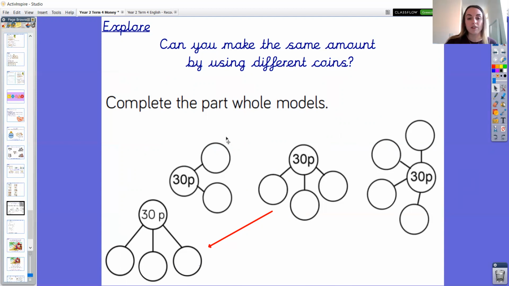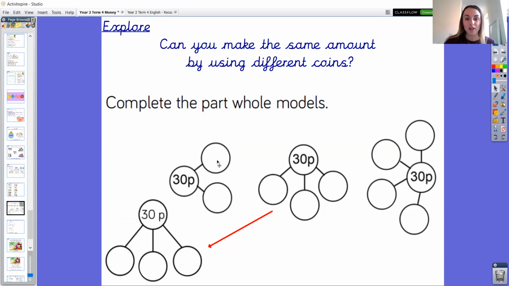So let's have a look at this part-whole model here that I'm hovering the mouse over. The whole is 30p, and there are 2 equal parts. So that means 2 coins added together equal 30p altogether. Please pause the video here to discuss your thinking. What could these 2 coins be?